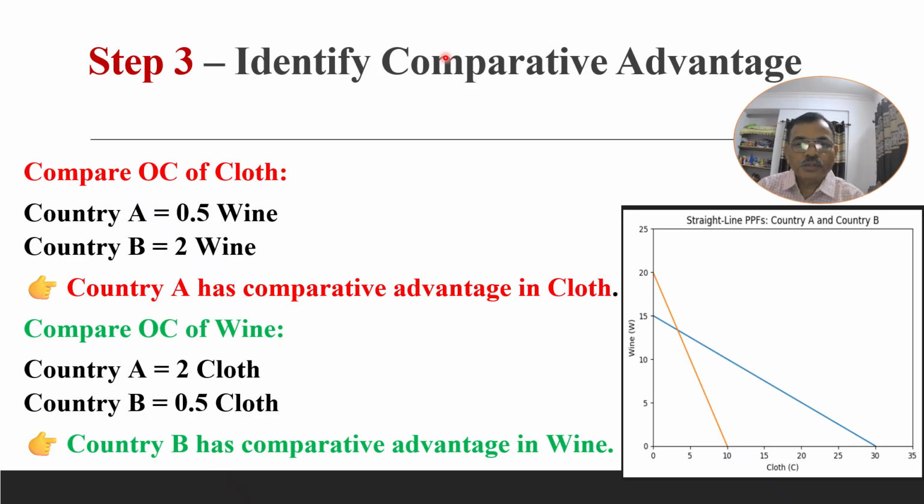Now compare opportunity cost of wine in country A. It is equal to 2 units of cloth, whereas in country B opportunity cost of wine equal to 0.5 units of cloth.